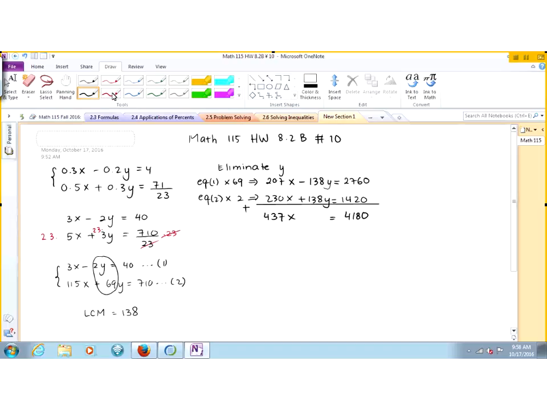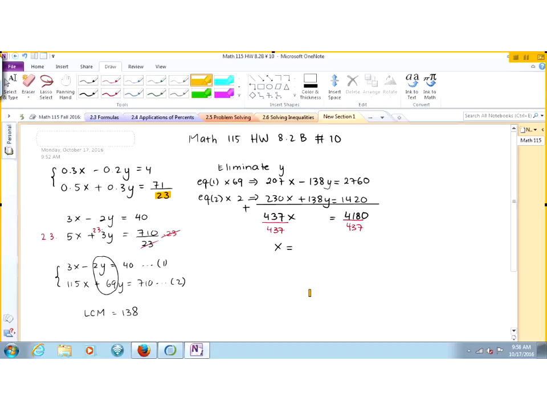Now what do we do? Divide by 437. All right. Can I reduce? I think this is divisible by 23. I think this is your clue here. Are they divisible by 23? Oh, no, it's not.